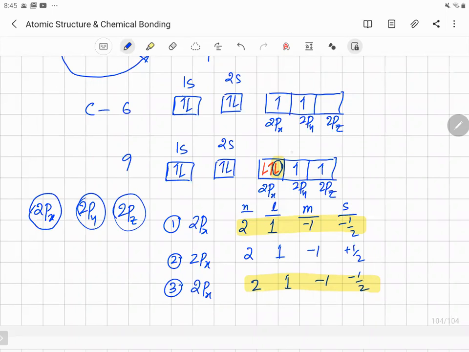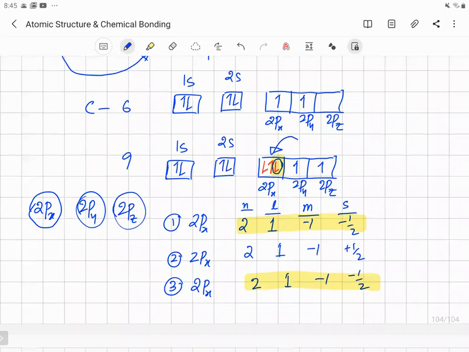And you can see here that it accommodates 3 electrons. So that violates Pauli's exclusion principle. If it accommodates more than 2 electrons, all 4 quantum numbers of at least 2 electrons will be the same.